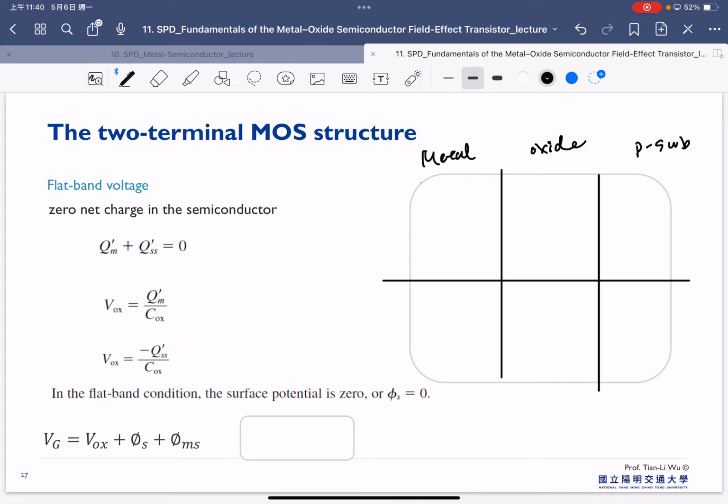So right now we first assume that there's a certain fixed charge here, that we call Q_SS prime, which is the equilibrium fixed surface charge in the oxide.